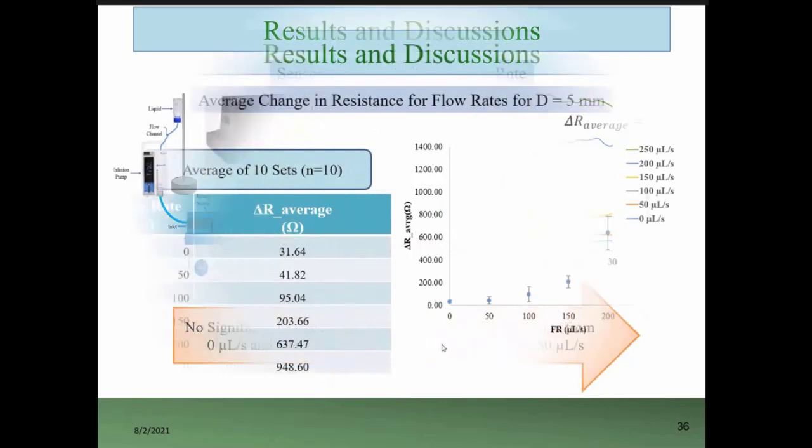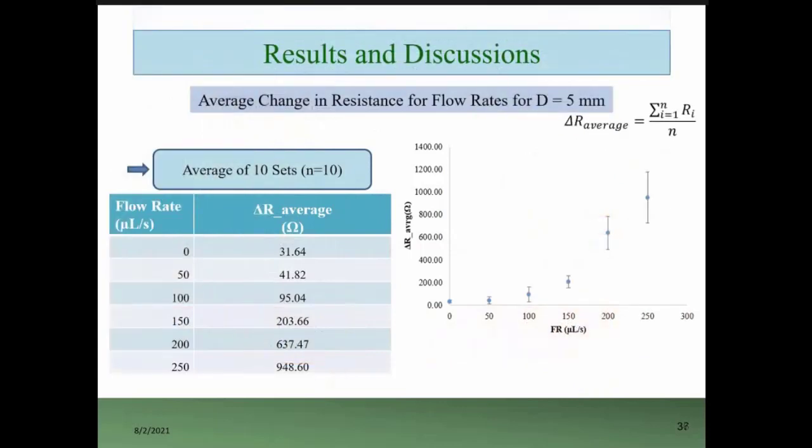And that process was observed 10 times for the 5 millimeter channel, and it was observed that the change in resistance for different flow rates was different, gradually increasing when I was increasing the flow rate.